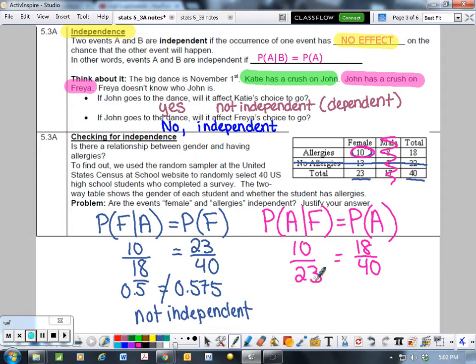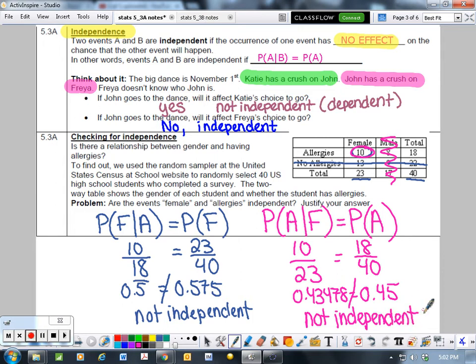So 10 divided by 23 is 0.43478. 18 divided by 40 is 0.45. They're close, not the same. So these are not independent.